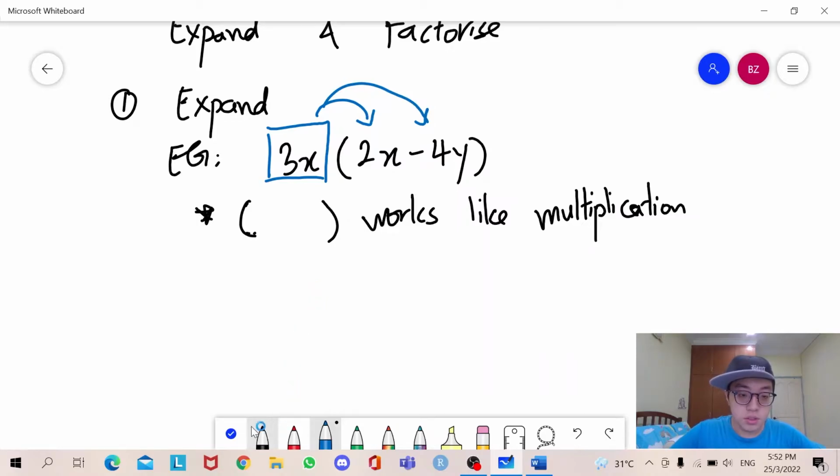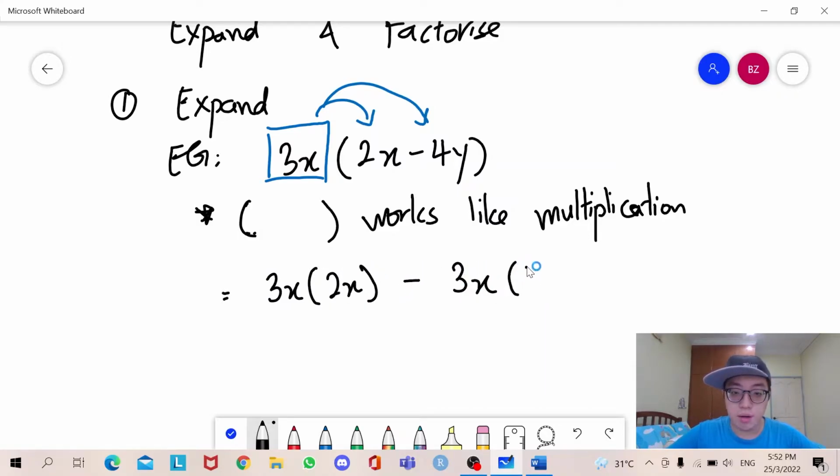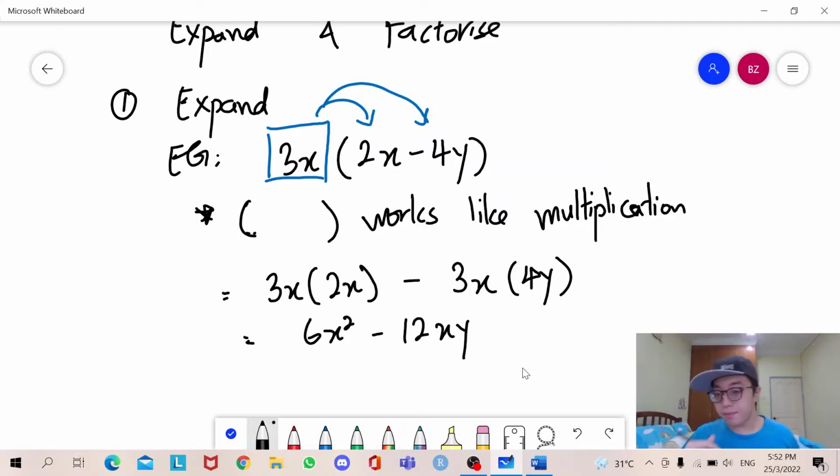How this works is it will be equal to 3x multiplied by 2x, minus 3x multiplied by 4y. So this will give you 6x squared minus 12xy. So this is how you expand a term like this.